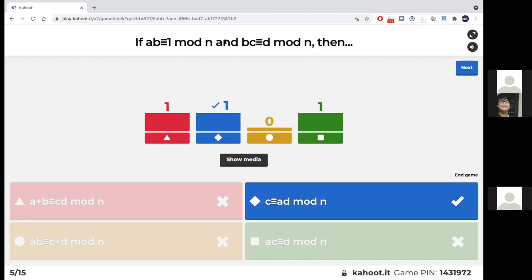So we can substitute that in like we would do with a regular equation. So that's the same as C is equivalent to AD. And when you're writing this down, you should always write mod N at the end of every equivalence, just to be clear which kind of modular equivalence you're talking about. We'll get into some examples now.